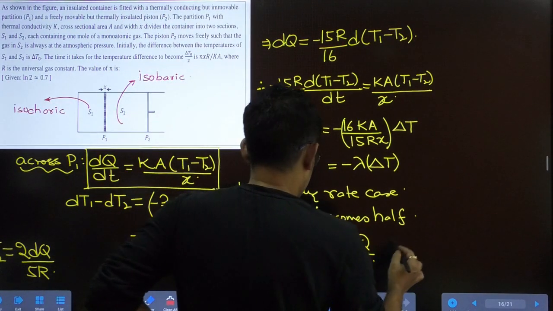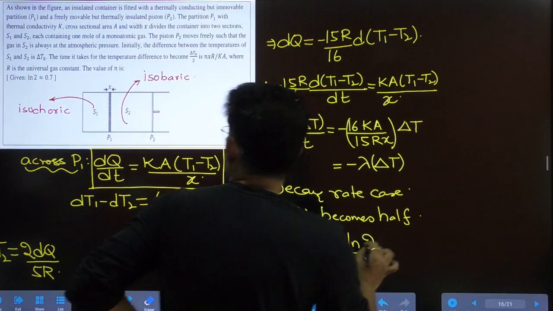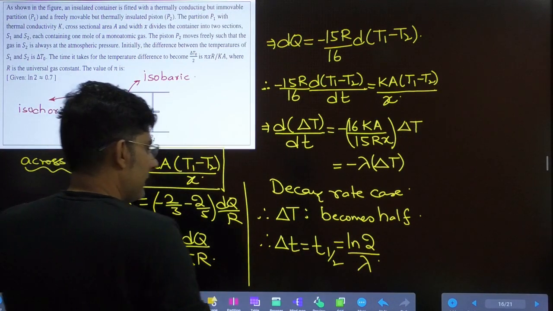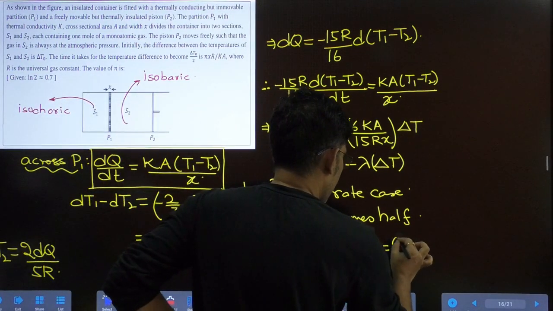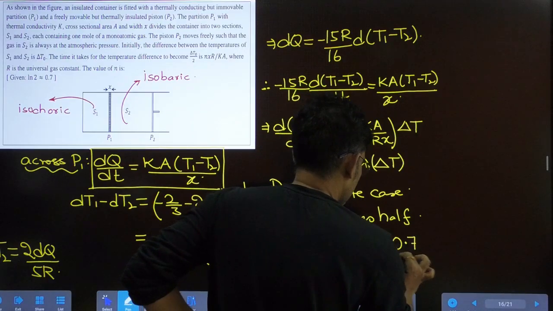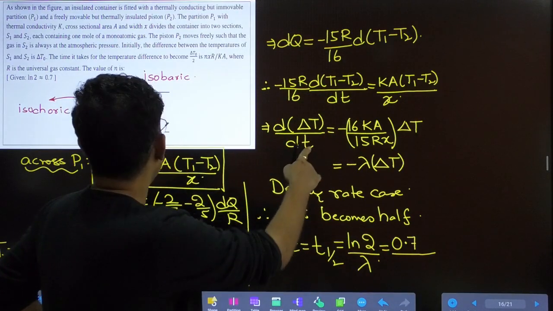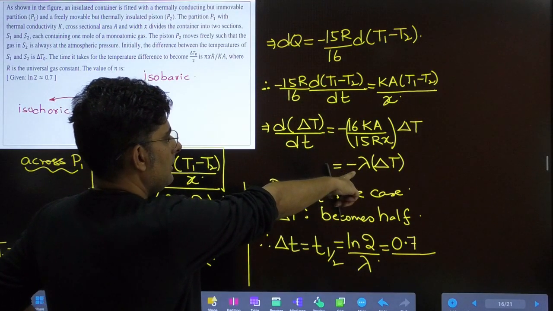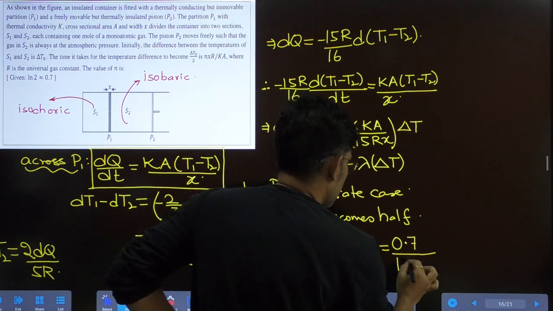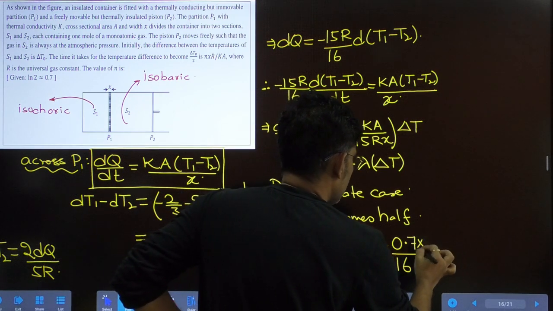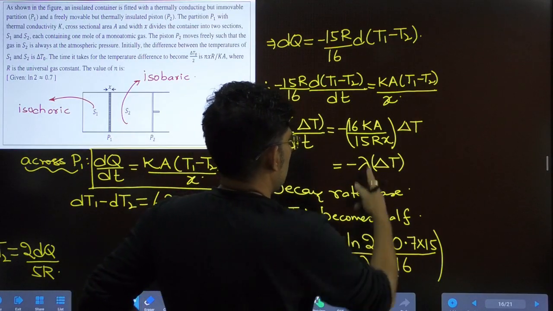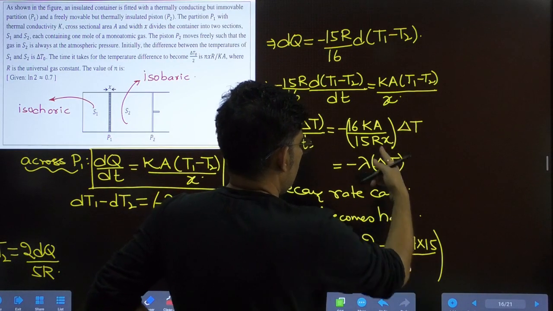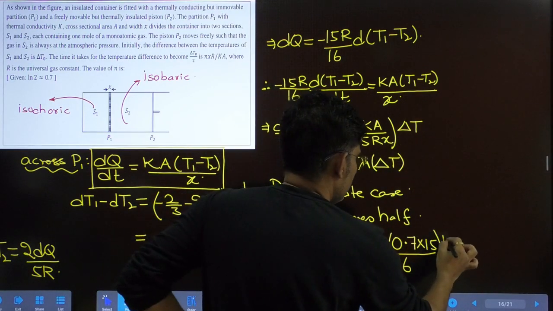So ln2 value is 0.7, they have taken, and lambda value we can see is 16 into 15, and the rest we have Rx by Ka.